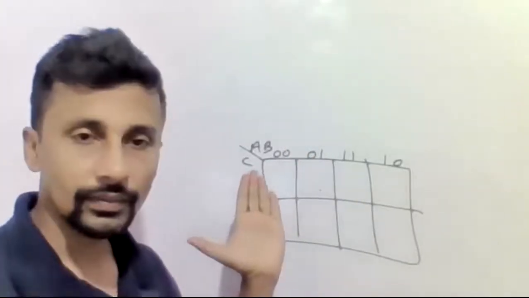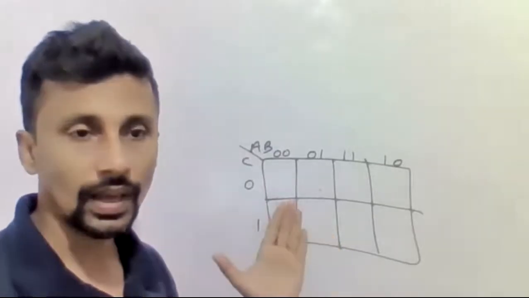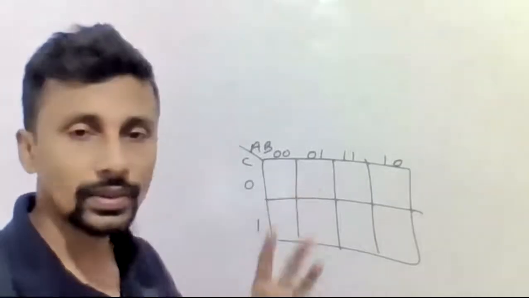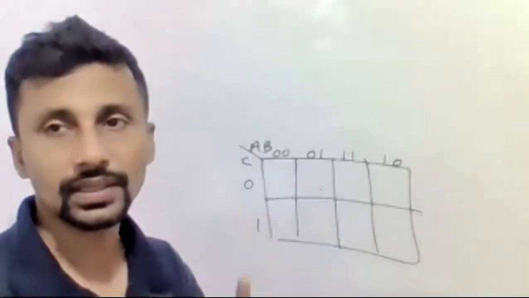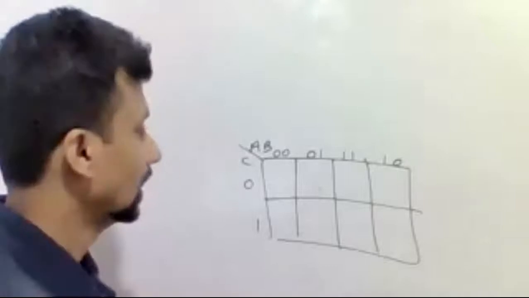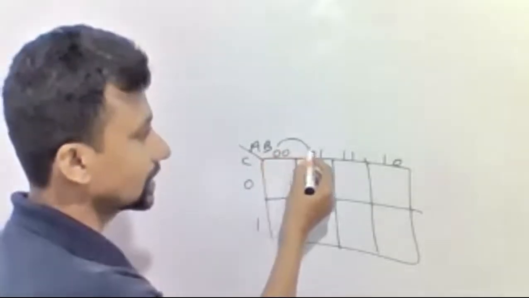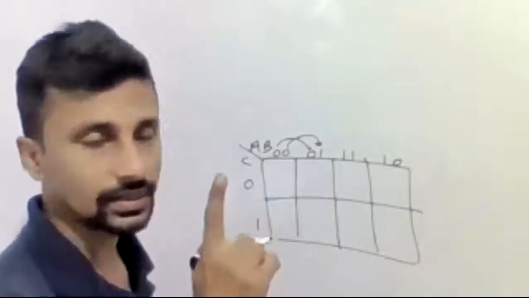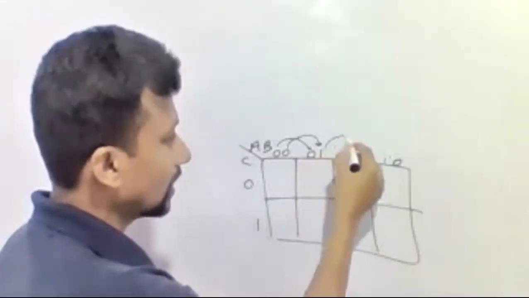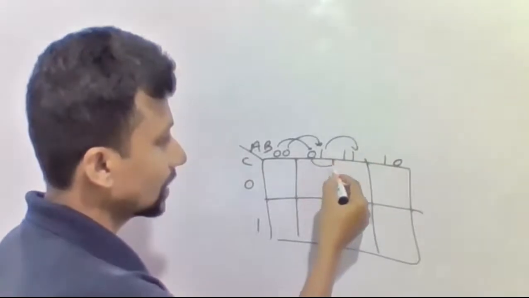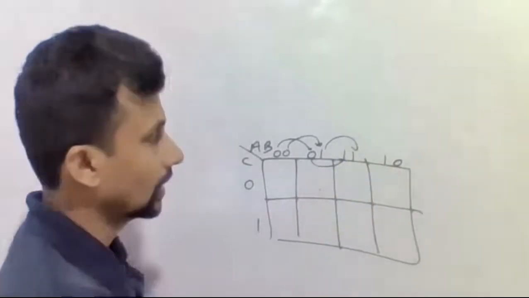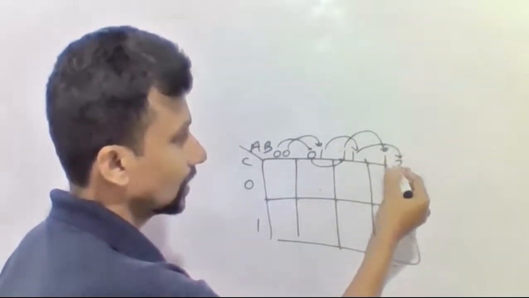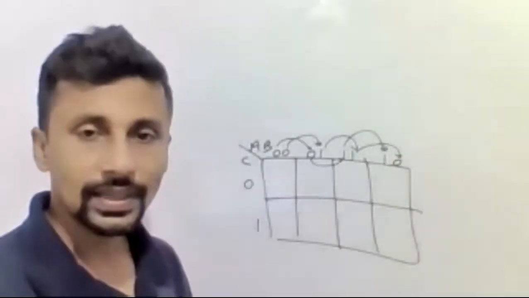When you are naming them, you have to be careful. All the time, you can change only one bit. That means here 0 is the same as it is, but this 0 has changed to 1. Here 1 is the same, but this 0 has changed. Again this 1 will be coming here, but this one has changed to 0. So all the time one bit is changed.